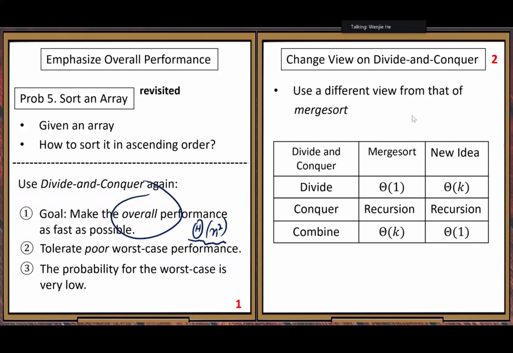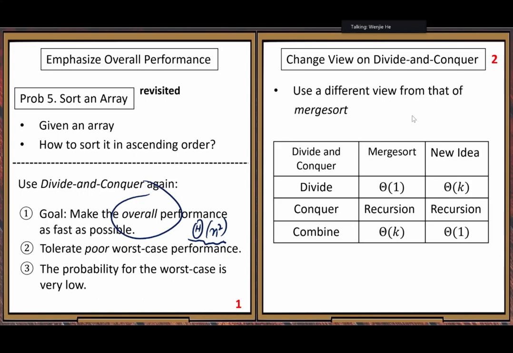Here we use big theta of 1 to represent how fast the divide step is. Conquer, we do the recursion. You do not need to do anything special. Just automatic.